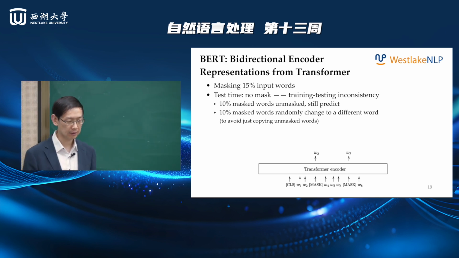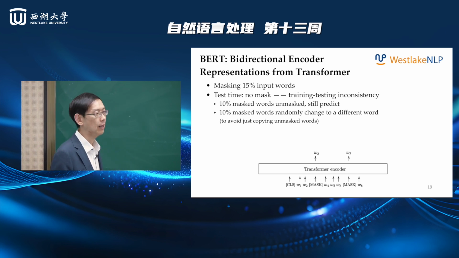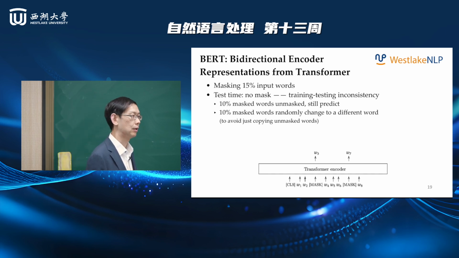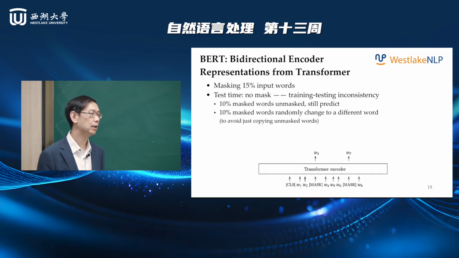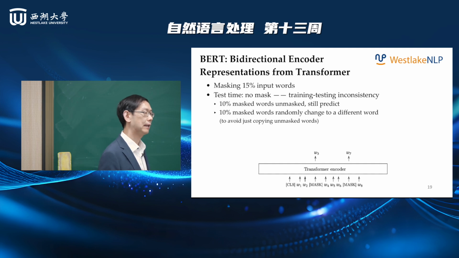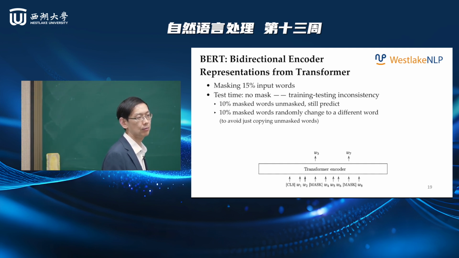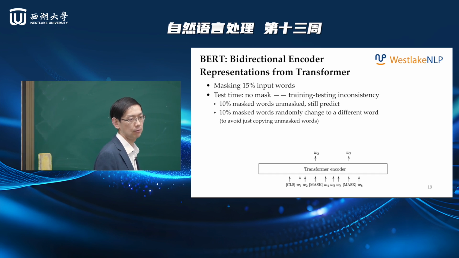To avoid that, we can take another 10% of the masked words, okay, and randomly change it to a different word. Okay, so the prediction is still the original word. So the neural network will see that, okay, it cannot be lazy and just directly copy the input, because sometimes the input is a randomly changed word.